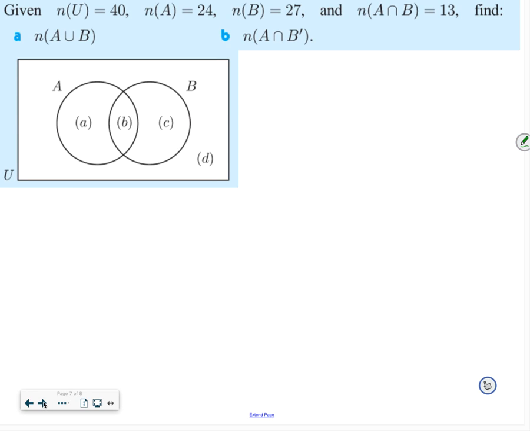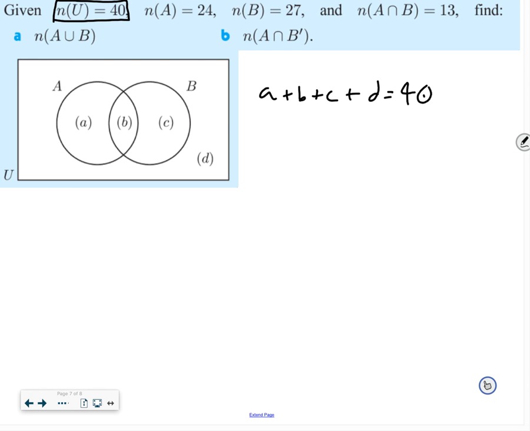In our last example here, we're going to have to try and find how many elements are in some of these regions from our given information. Our first thing we know is that all of the elements in our universal set, there are 40 of them. So I know that these numbers together, A plus B plus C plus D, equals 40.